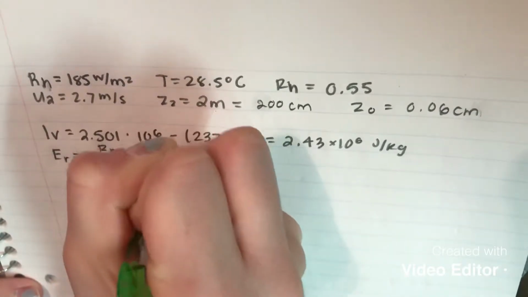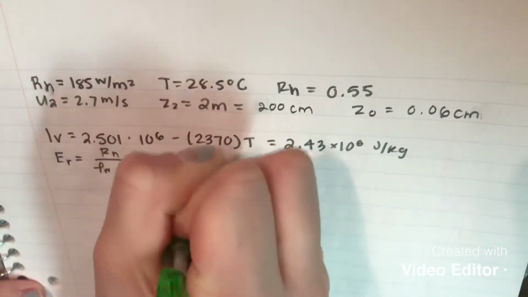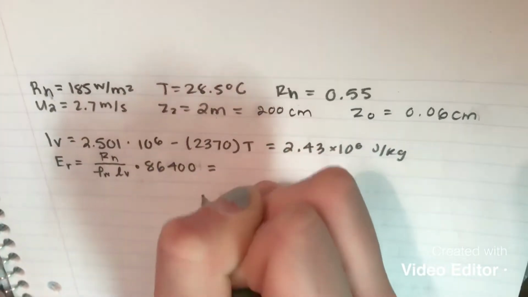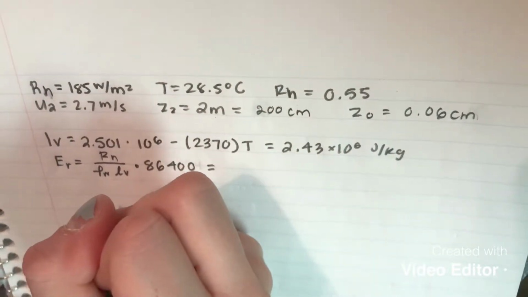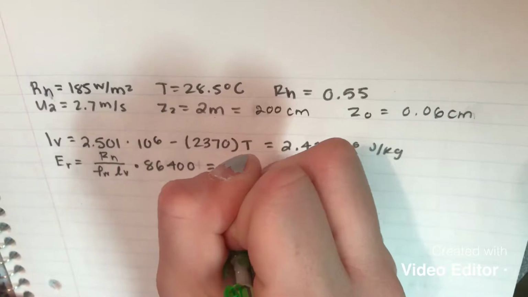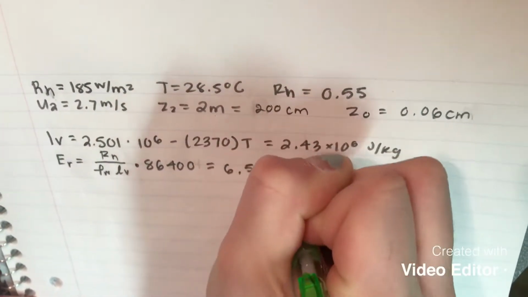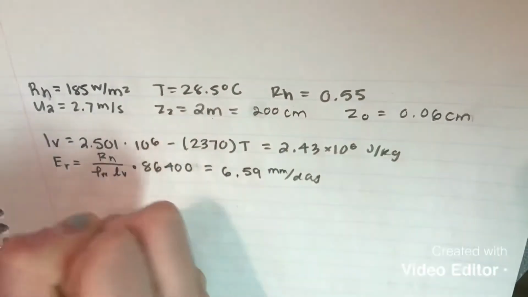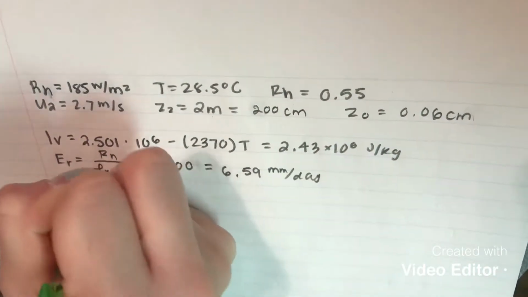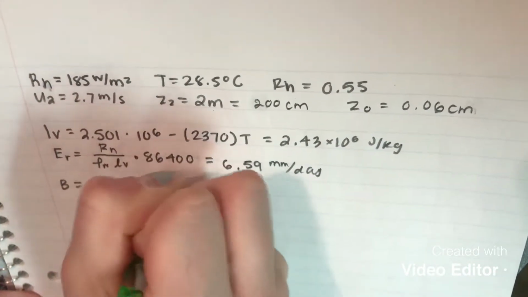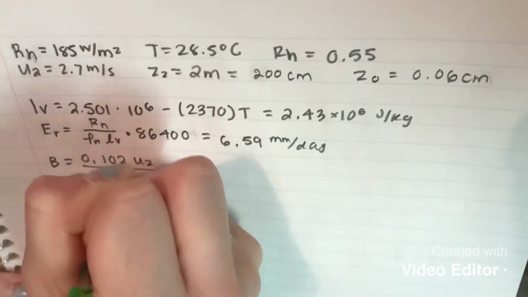And then you're going to have to multiply by 86,400 so that we can get it into millimeters per day. And we know the density of water is 1,000 kilograms per meters cubed. So then you'll get 6.59 millimeters per day.